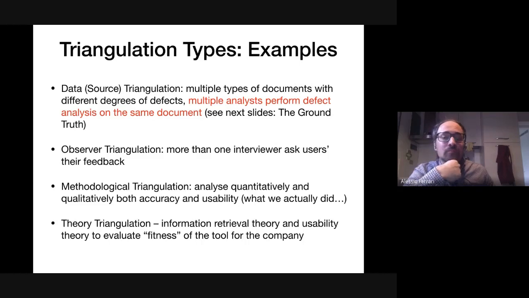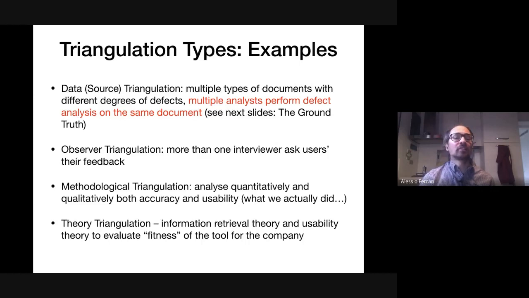Observer triangulation, for example, in this case, more than one interviewer asks users for their feedback, quite uncommon for this type of study because you have the focus group, and so it's normally handled by one person, but here you can have another person in the focus group, another researcher like you. Methodological triangulation, so analyzing quantitatively and qualitatively both accuracy and usability, which we have actually done.